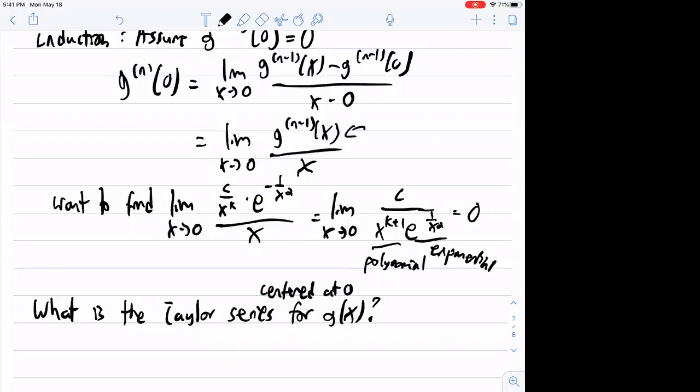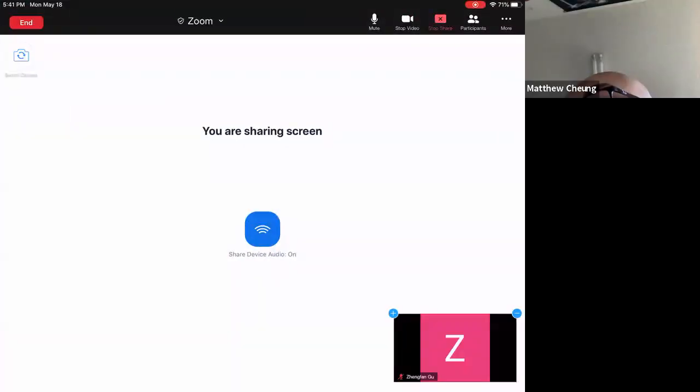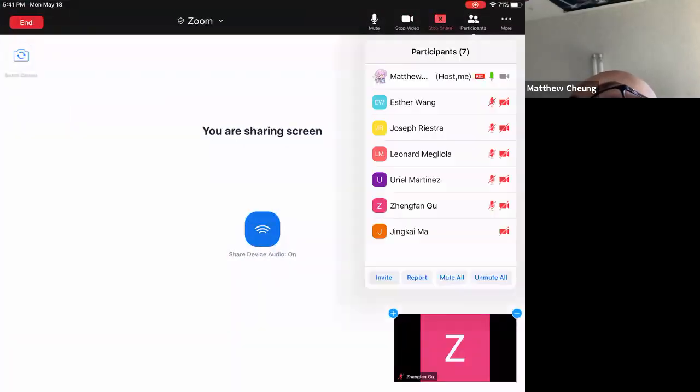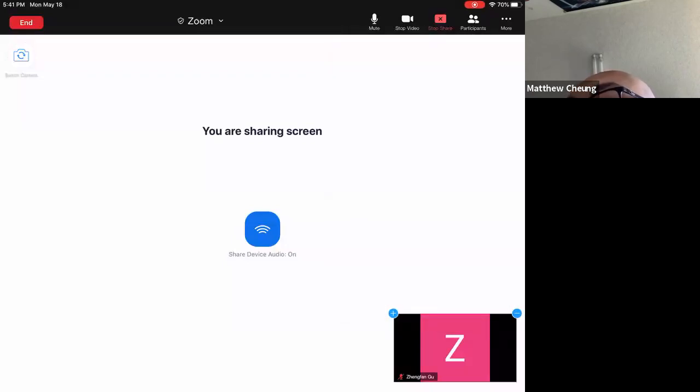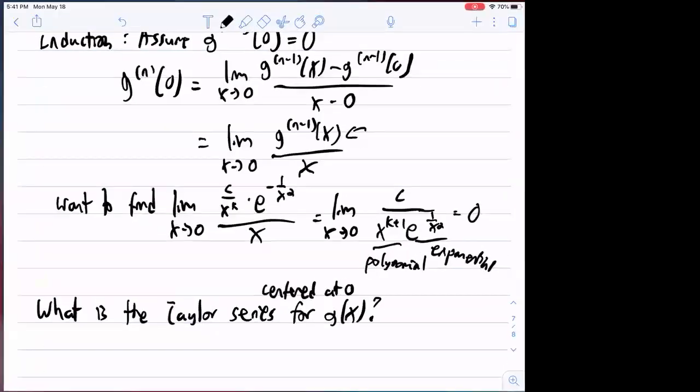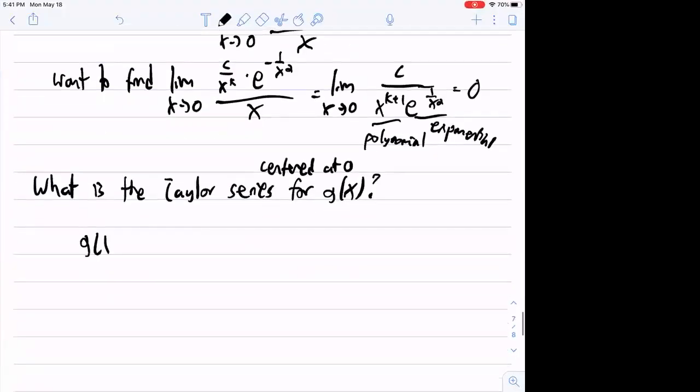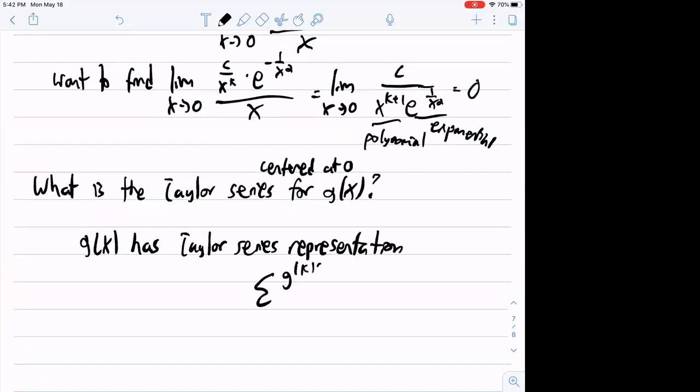What is the Taylor series representation for this? Let me remind you, g of x has Taylor series representation given by the sum of g^(k) at 0 over k factorial times x to the k, right? So what is this series is my question.